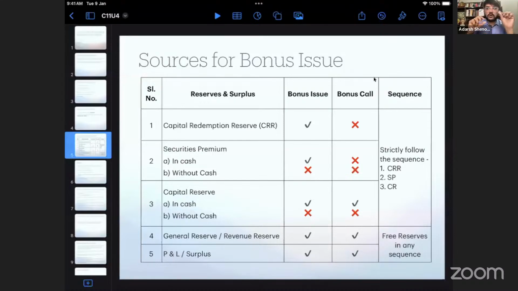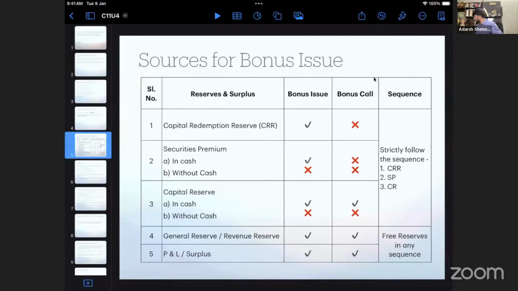The profits get accumulated in the balance sheet, under reserves and surplus. Accumulated means collected. Such profits are then capitalized, that means converted into share capital. That process is known as bonus issue of shares.